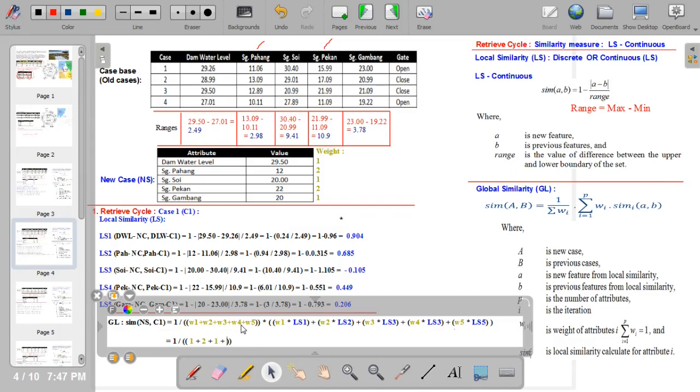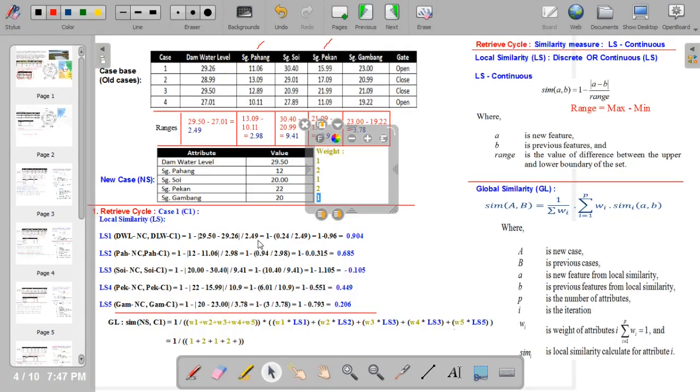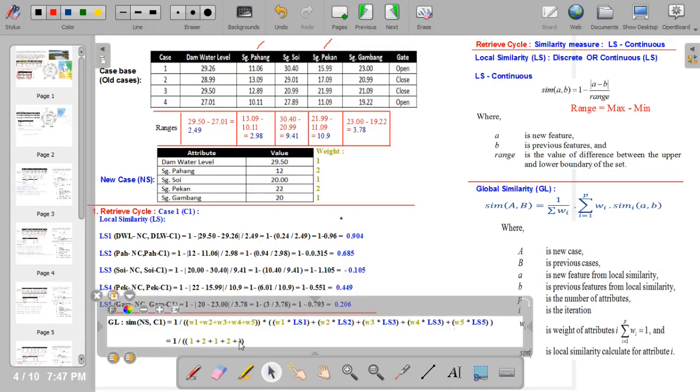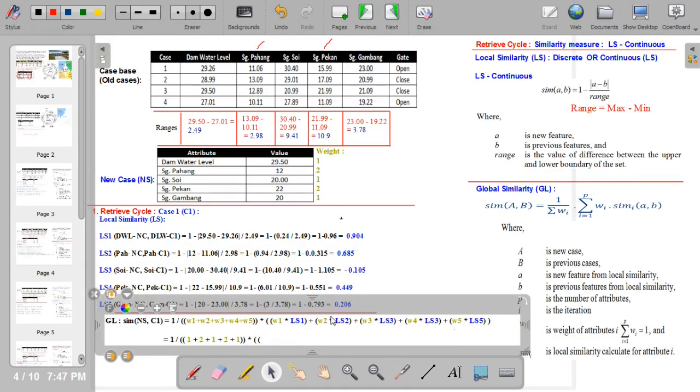plus W4 is 2. 2 plus, right? W5 is represented here as a 1, right? So 1. Then multiplying by weight 1, W1, the weight for the first attribute, which is dam water, is 1.